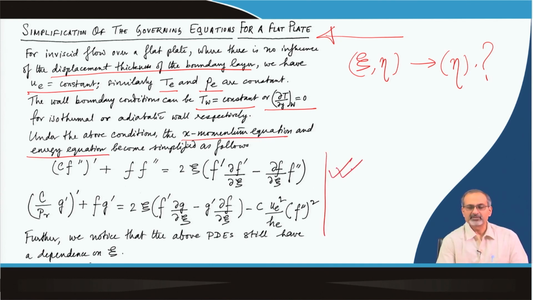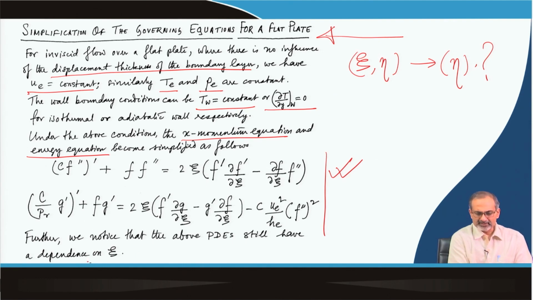Try to see in your spare time what all simplifications have actually taken place by comparing these equations with the more general form of the compressible transformed boundary layer equations. And why is it that for a flat plate in specific these simplifications were possible? So, if you do that homework exercise, you will get a better understanding of these equations.